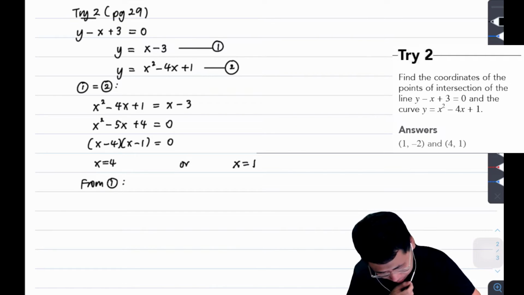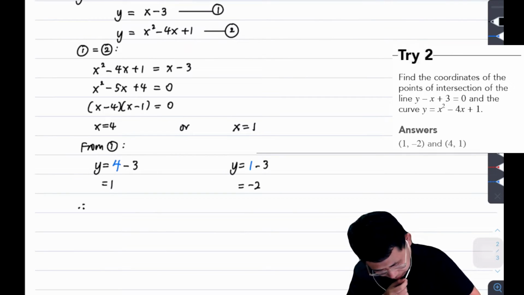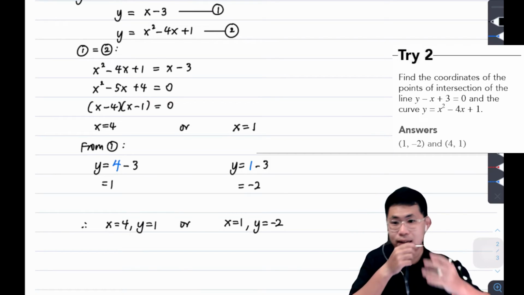From 1, y equals x minus 3. When x is 4, y is 4 minus 3, which is 1. When x is 1, y is 1 minus 3, so y will be negative 2. Therefore, the solution is x equals 4, y equals 1, or x equals 1, y equals negative 2.